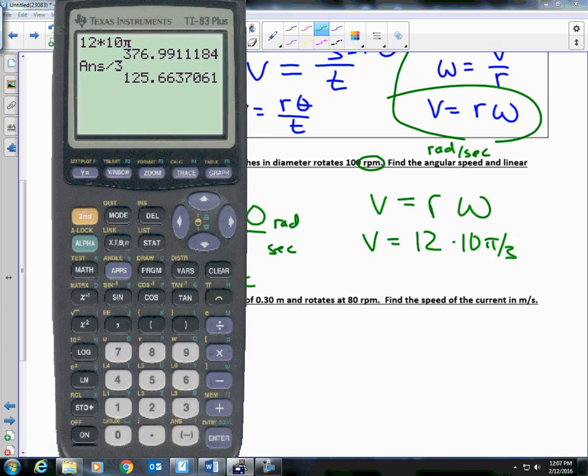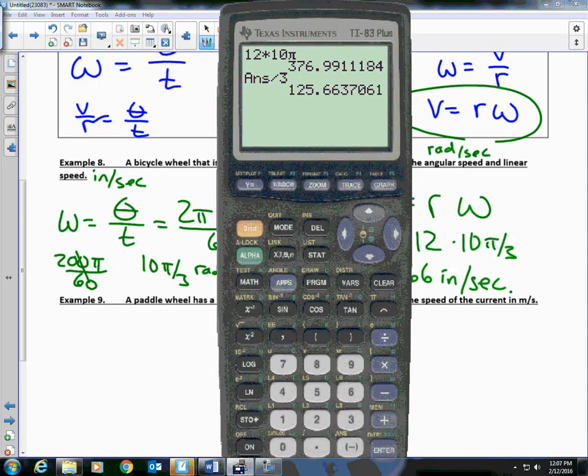I get 125.66, and that would be inches per second. Okay. That's valuable information. We were able to come up with it pretty quickly by figuring out our angular speed.